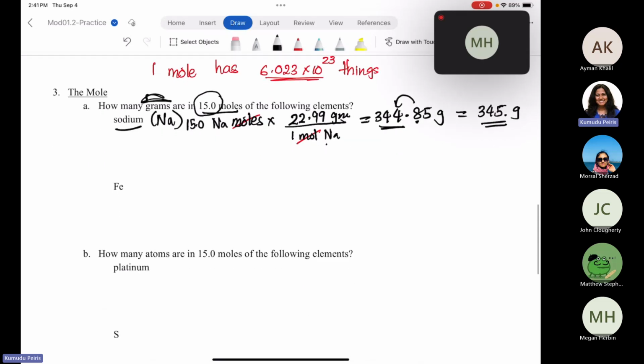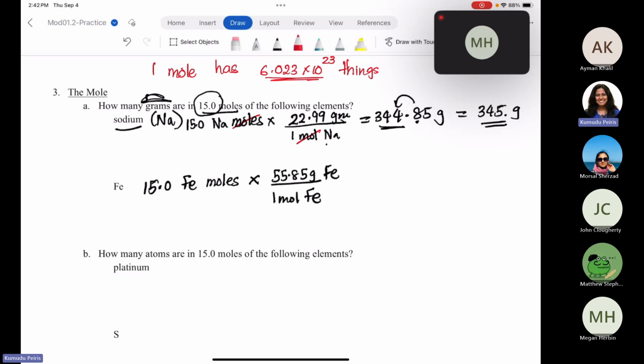The next question. 15.0 moles of iron, multiplied by 1 mole of iron equals, read the mass from the periodic table, that will be equal to 55.85 grams of iron.